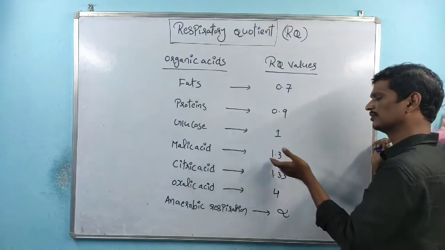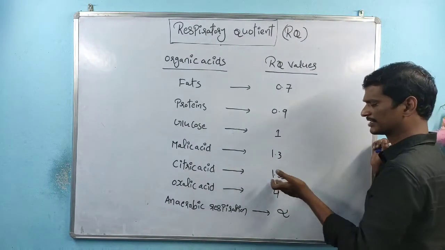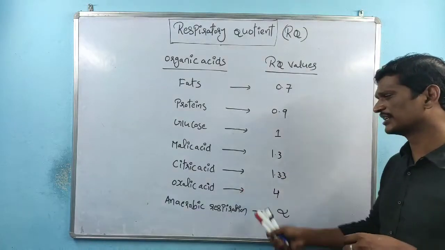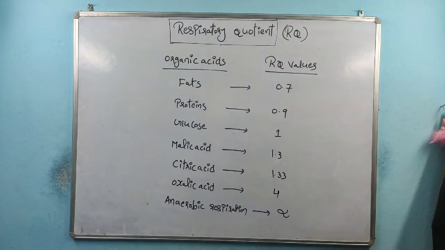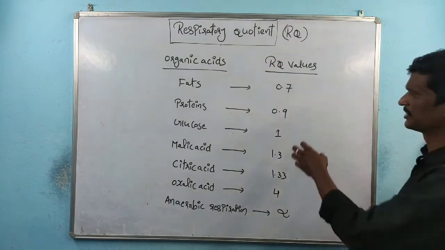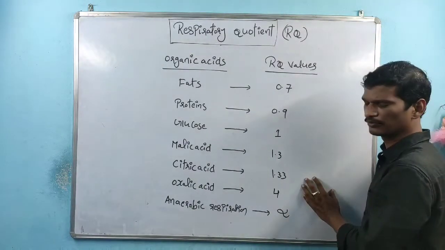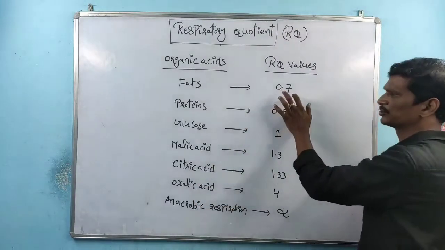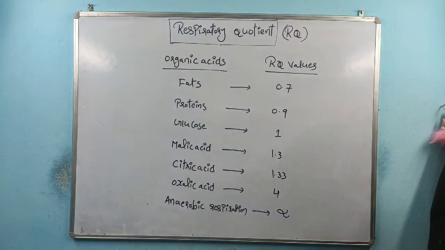So malic acid 1.3, citric acid 1.33, oxalic acid, right? Here it is 4. Oxalic acid, the RQ value is 4. So what we are seeing in these values is that the highest one is oxalic acid. The least RQ value is the fats.